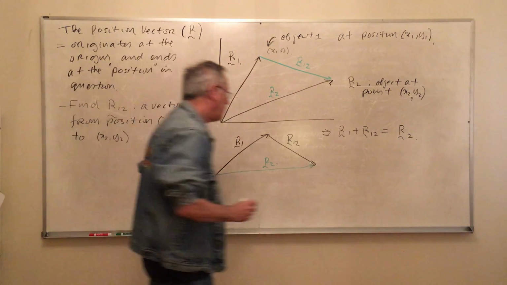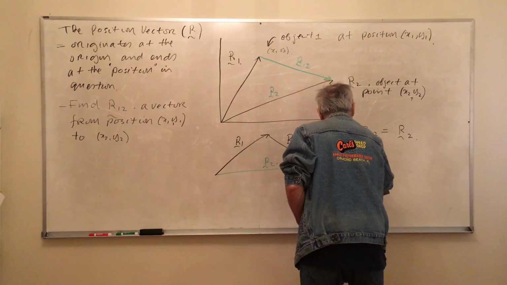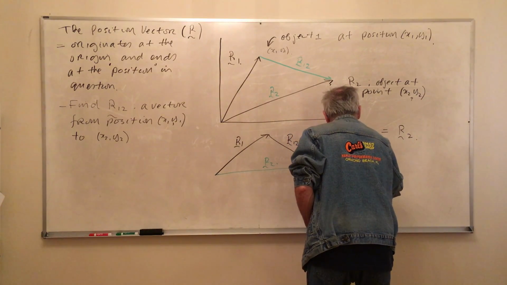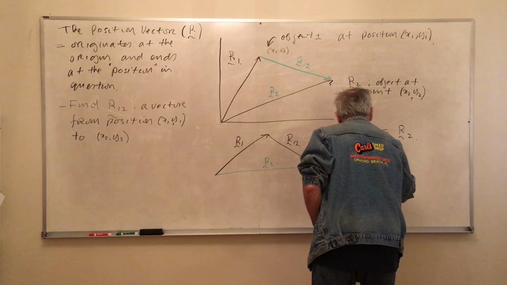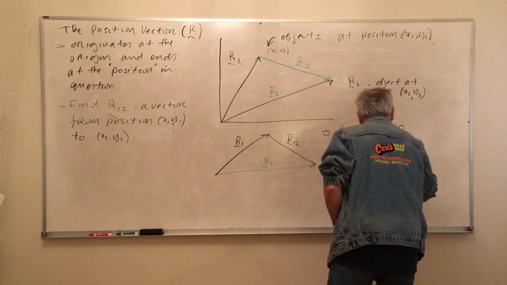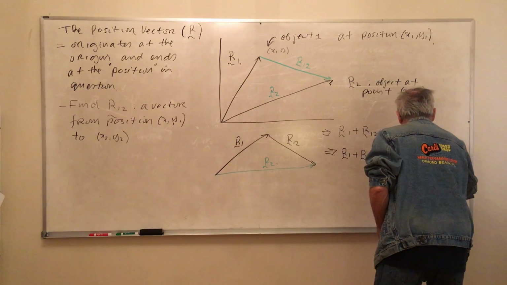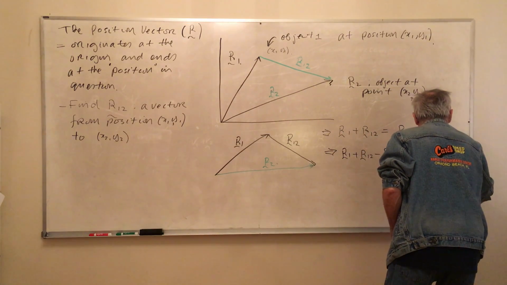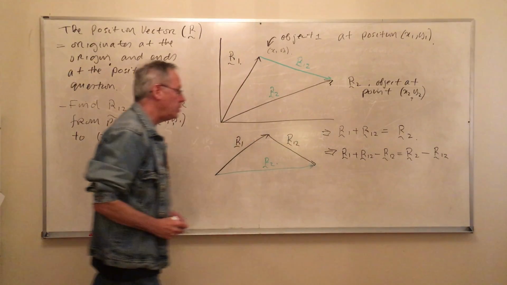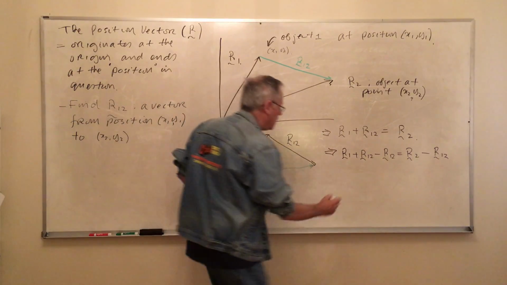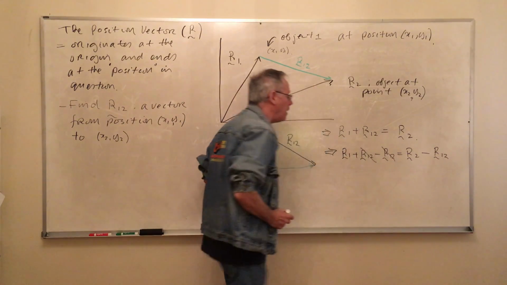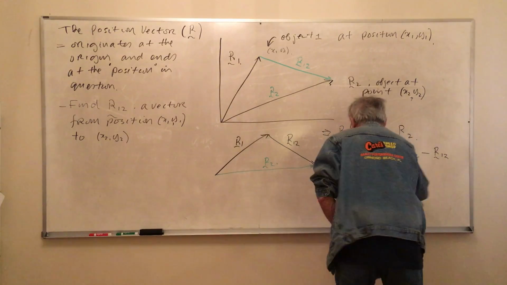So therefore, if we subtract R12 from both sides, it's going to cancel here.